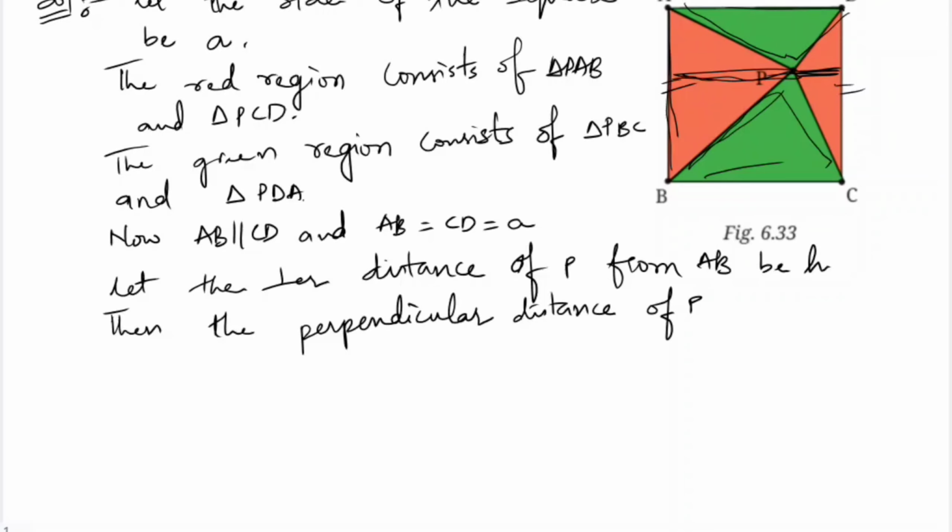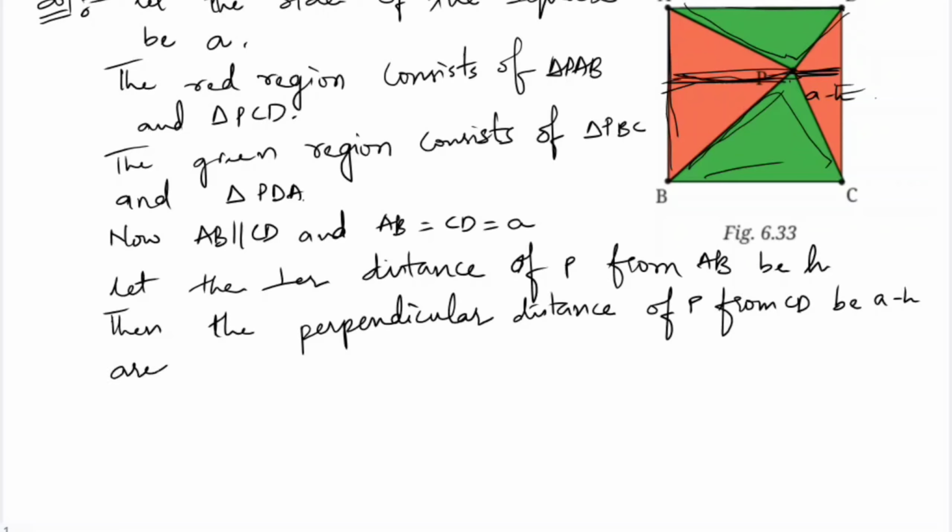See, it's already h here, so we need to subtract h from a, so it will become a minus h. So the distance from P to CD is a minus h.